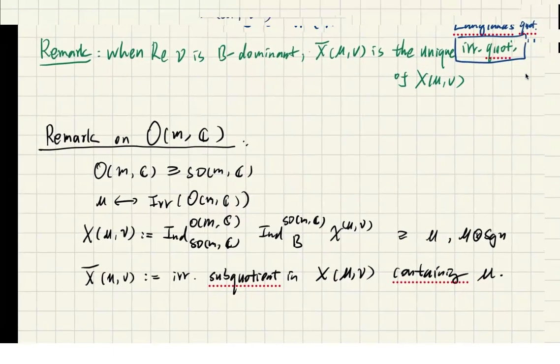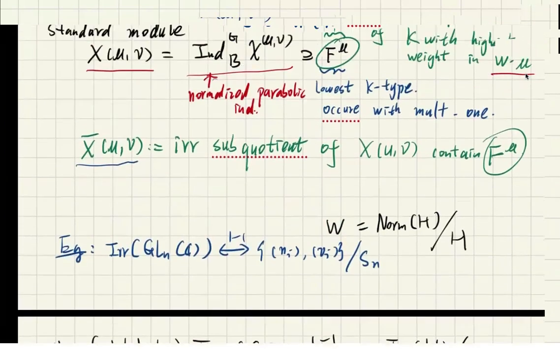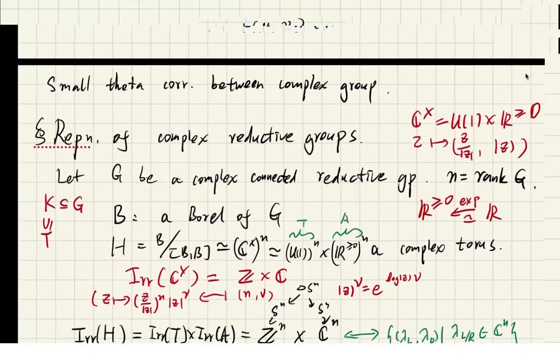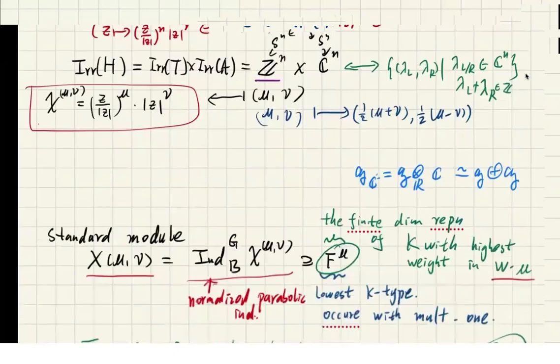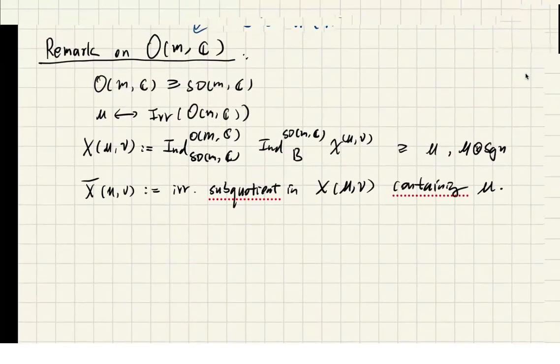But again, if you're doing theta, you have to face orthogonal groups. The previous classification assumes G is connected. So if G is not connected, you have to deal with the non-connectedness. For the orthogonal group, the point is that it will contain the special orthogonal group.